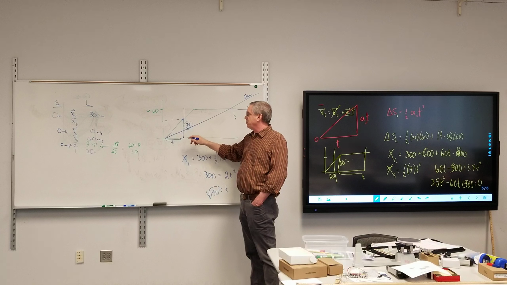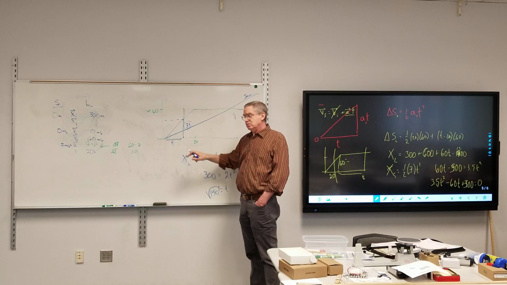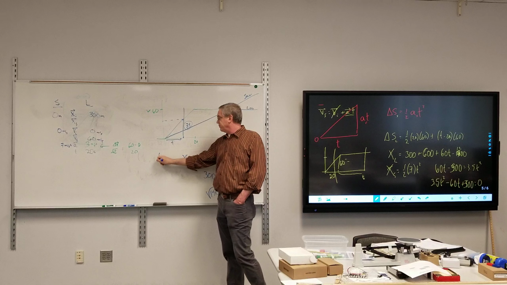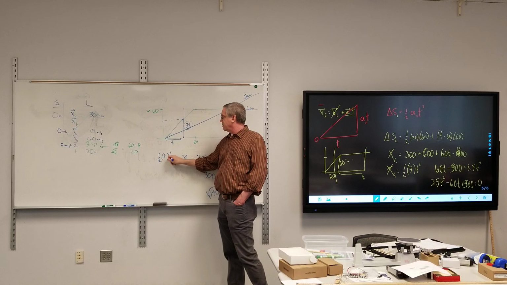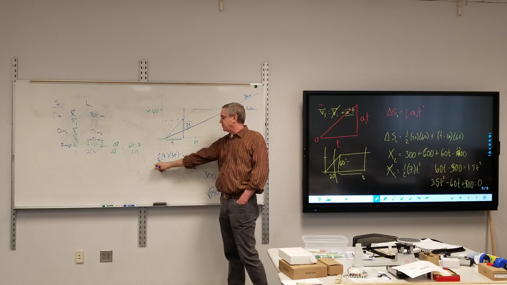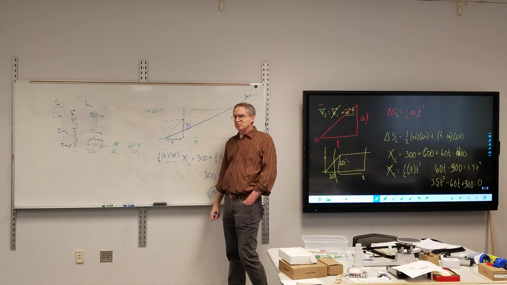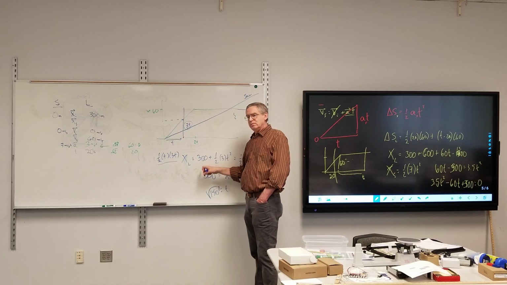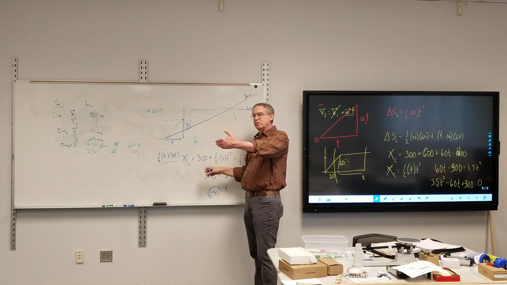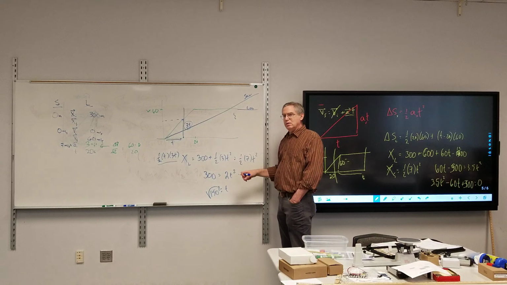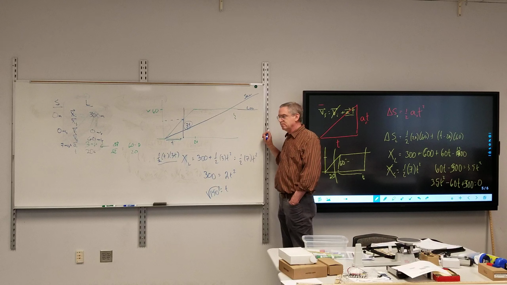So his displacement is going to be the area of this triangle. So that's 1/2 times the base times the height. That's his displacement, plus 300, because he starts ahead 300. So they both catch up with each other.